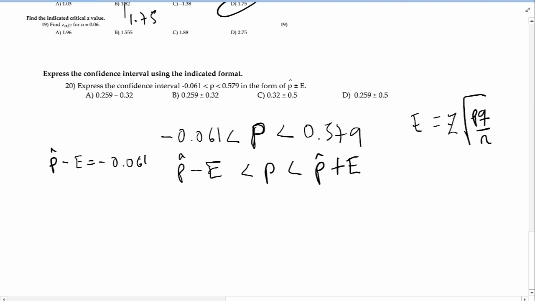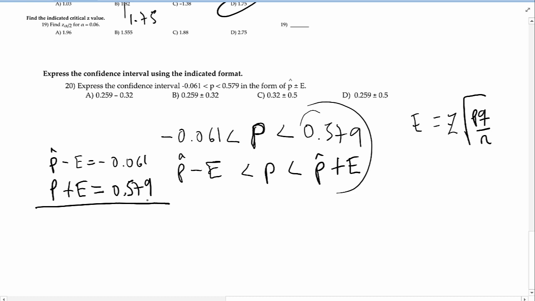Is that a negative? It shouldn't be a negative, but oh yeah, okay. And this number is equivalent to that, so p plus e would be equal to 0.579.